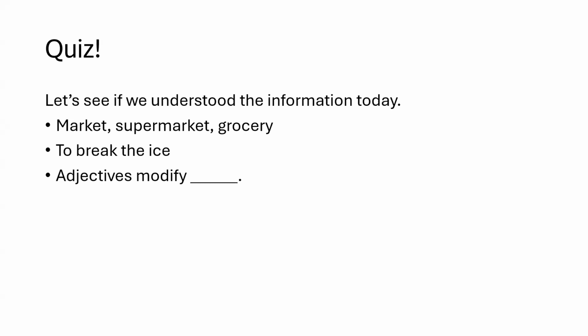So for the first question, it was market, supermarket, grocery mean similar places to buy things. So the places where you can buy food and other items can be a market, a supermarket, or grocery. They tend to be slightly different, but if you call a supermarket a market, you would not be wrong.